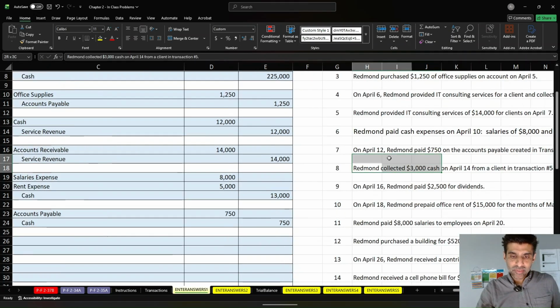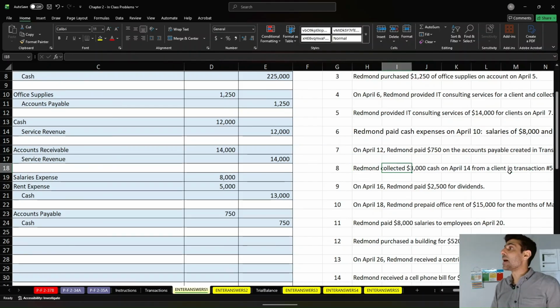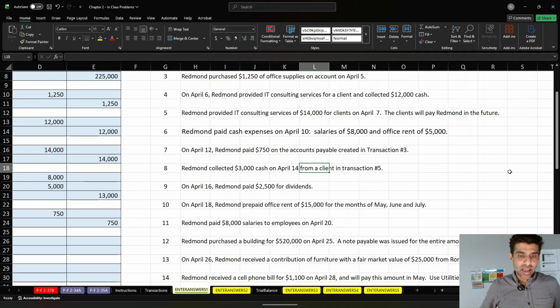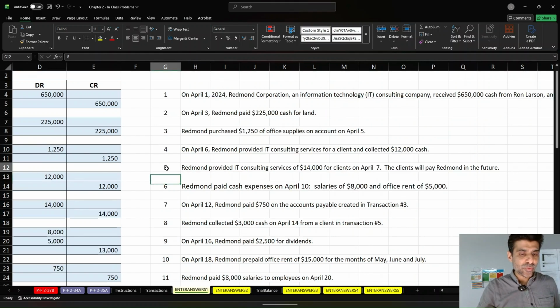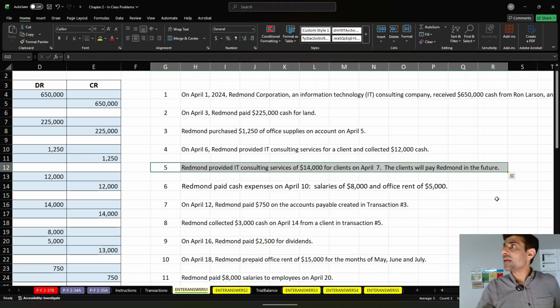We collected $3,000 of cash. Okay, so obviously it's going to be a debit to cash. I already have half the journal entry done, right? Cash is going up because I'm collecting it. And it's from this client from transaction 5. So if you look up here, there is a receivable that was created, right? We did this service for this customer.